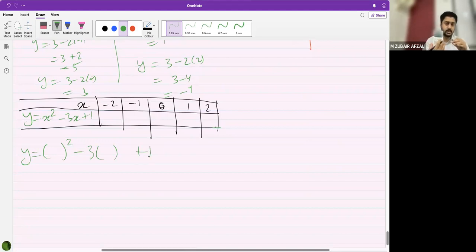So once I write this, I'm choosing -2. So bracket -2 squared. I wrote -2 here in calculator. So -2 squared minus 3 bracket again, -2 bracket close plus 1. I've written this once and my answer is 11.